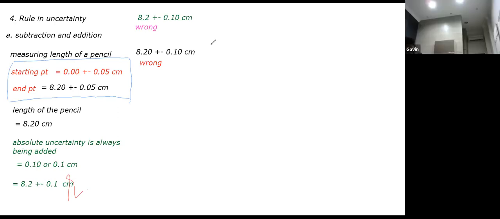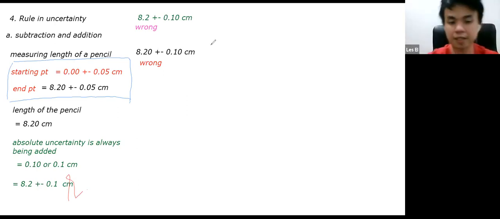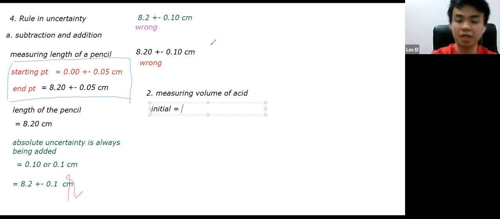Okay, so for example, let's say the second one is you are measuring the volume of an acid. So it means your initial, if it's empty, if you use a beaker glass, just now your beaker glass from your previous one is 5, right? 5 centimeter cube, or 5 milliliter, isn't it?